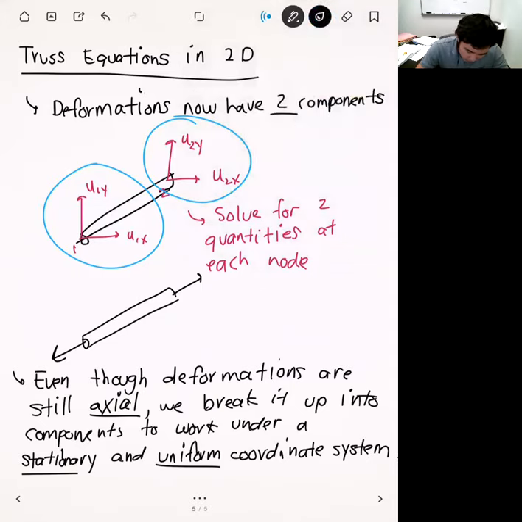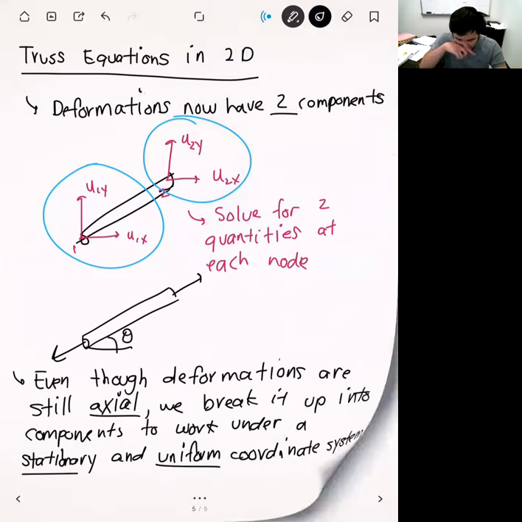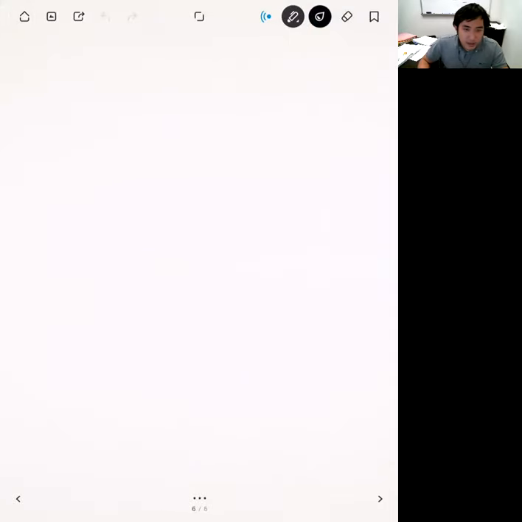Okay, and so basically what we're doing is we're characterizing the direction of the truss element in terms of the angle that it makes with the horizontal. Okay, and so with that in mind, then our element stiffness matrix is the following.